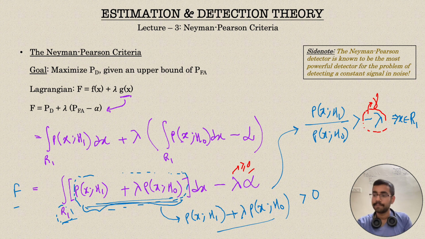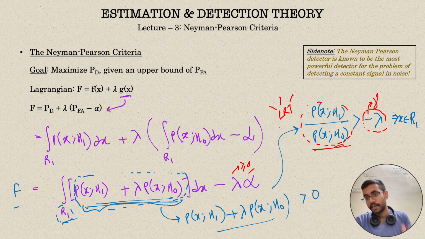We can rename it as gamma. So this is the particular test that we set up. This expression is called the LRT, or the likelihood ratio test, because we are actually testing the ratio of two likelihoods for a particular value. There is a beautiful thing to note here.